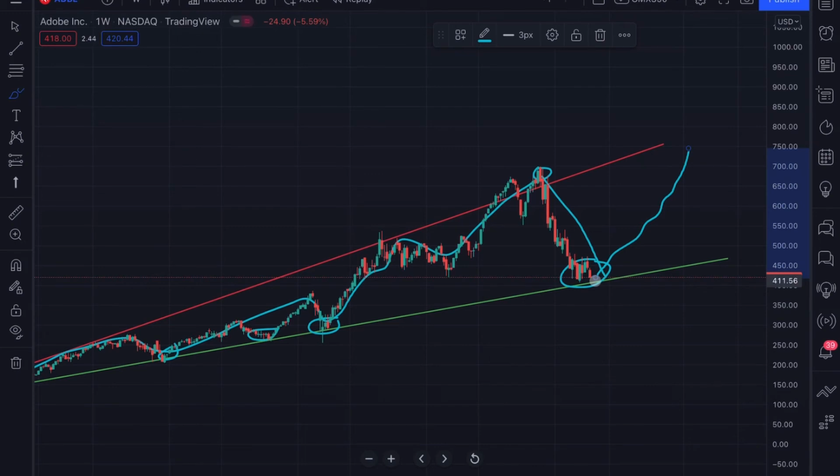It will take a lot of time. On the other hand, short term, there is a risk that the price continues moving below the channel before getting back up again for a retest. But if the price were to break below this area, that would be a signal that the price will continue to move down. But I believe for the long term that the price will continue back up.